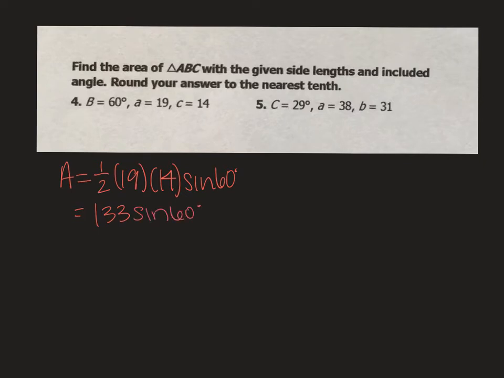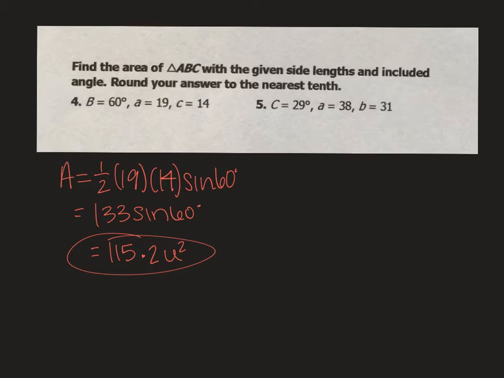Then we multiply that by the sine of 60 degrees, which gives us 115.2 units squared. If you do that all in one step in your calculator, that's fine. If you want to do it in multiple steps, that's also fine.